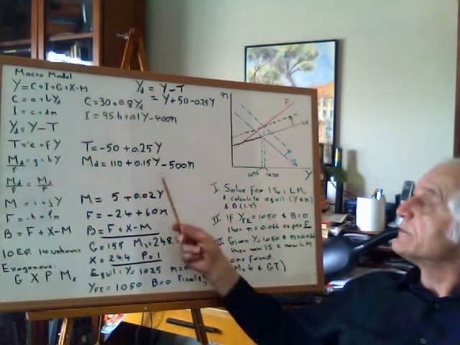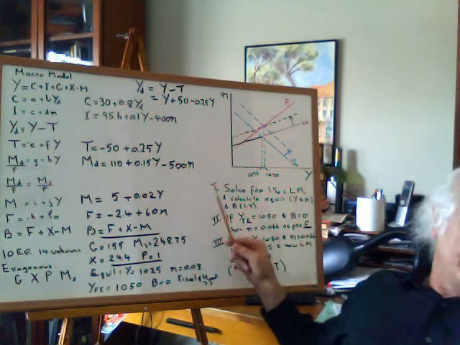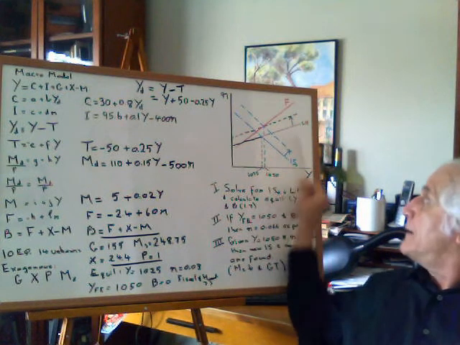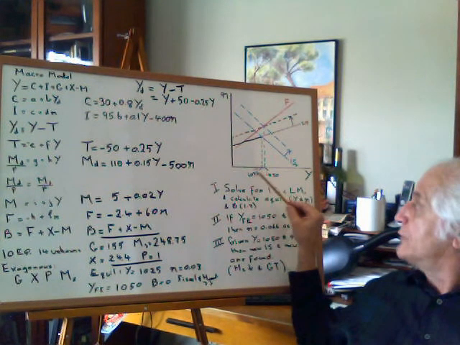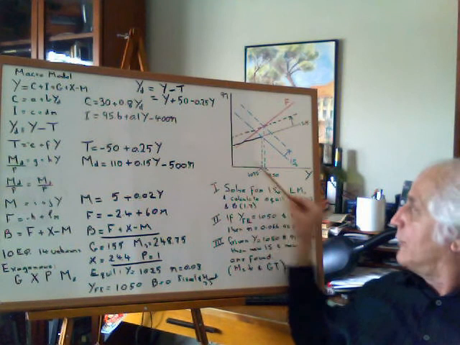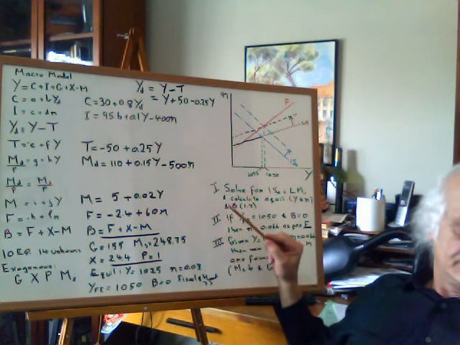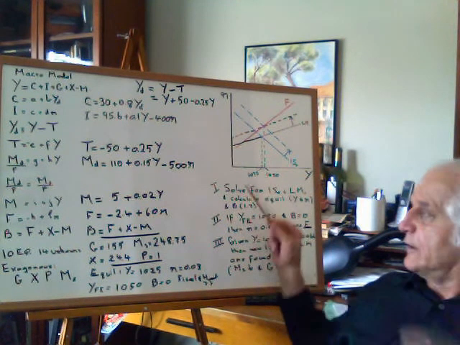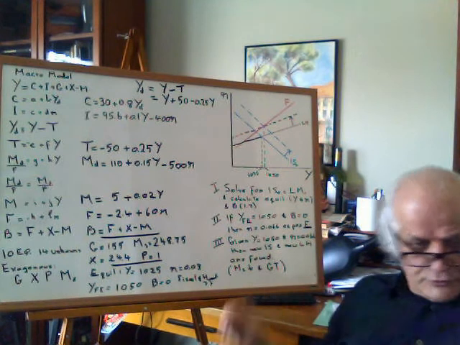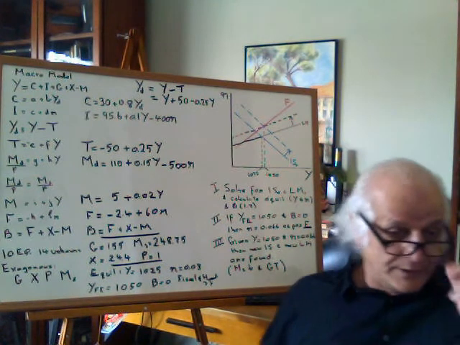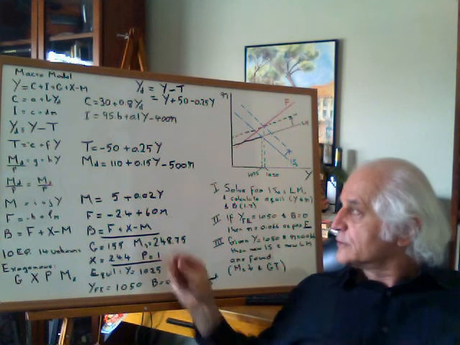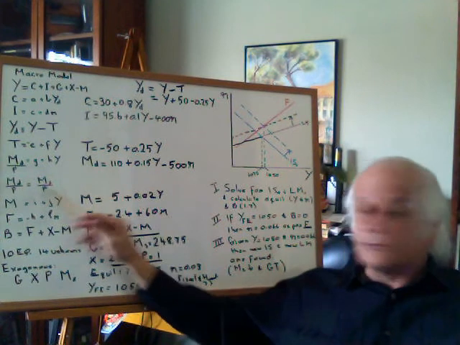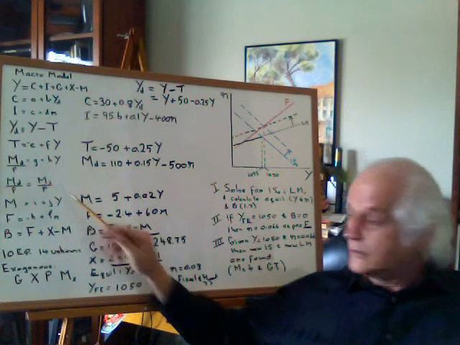Now, we have to do the same thing in order to do an LM. So the LM is going to be the various combinations of output and interest rate that are going to satisfy the condition of demand for money equal to the supply of money. So the demand for money is equal to supply of money by definition.